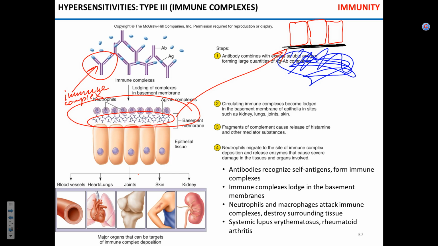Now, if the basement membrane starts to get destroyed, there's an inflammation there, the integrity of epithelium is damaged, and one of the classic examples of the diseases mediated by type 3 hypersensitivity is systemic lupus erythematosus, or lupus.